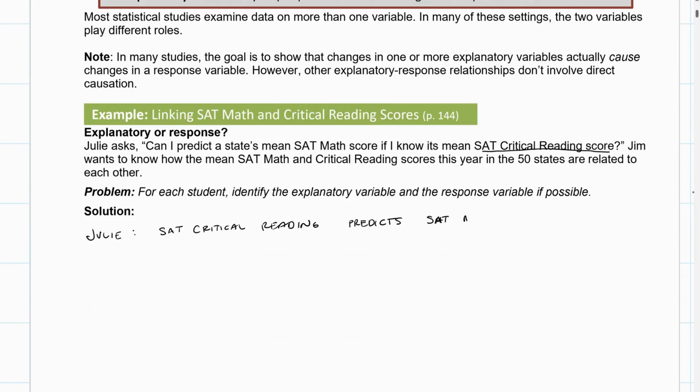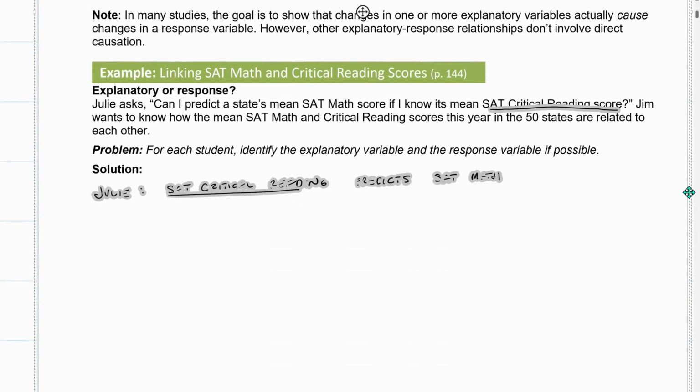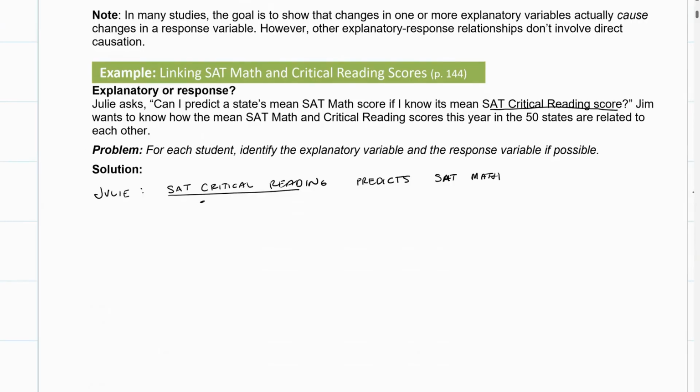And whenever we have this model, we call the SAT critical reading score the explanatory variable, and the SAT math score we would call the response. Whenever we do prediction, the variable we use to make the prediction is the explanatory, and the one that's getting predicted is the response.